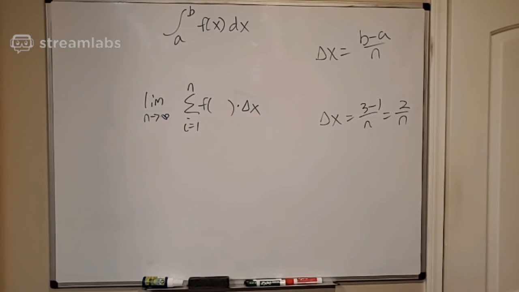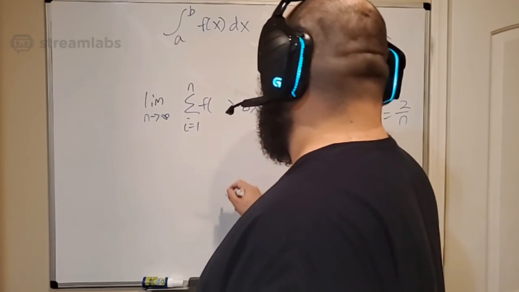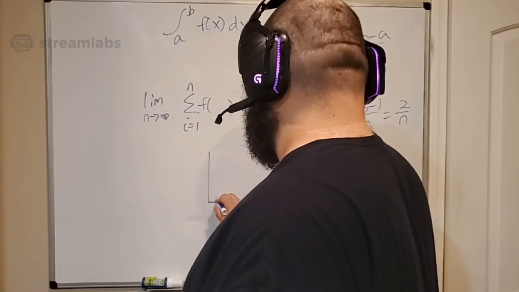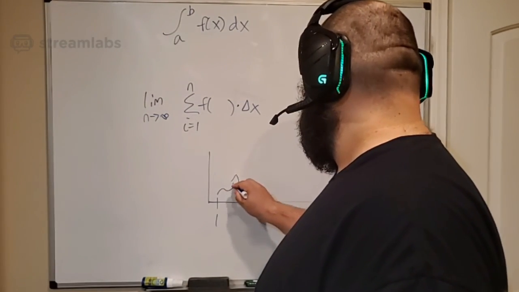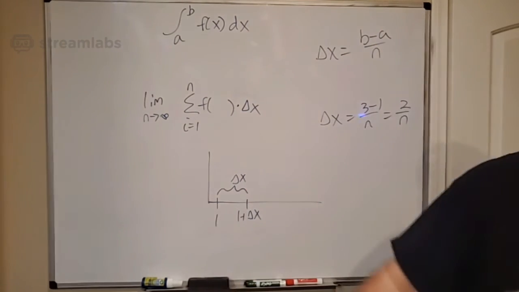Now, we have to realize when we go to put things in here, if we look at what a Riemann sum actually would be, we're starting at 1. So this first little symbol here where we have 1, we start at 1, and we move a value of delta x over.